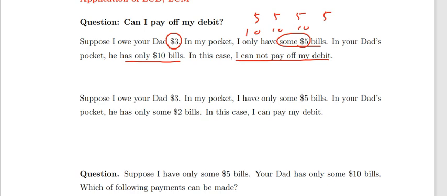Now if I have those 5s and your daddy has 2s, then I can easily make 3: I give your daddy $5, and he gives me back $2, so I pay $3.